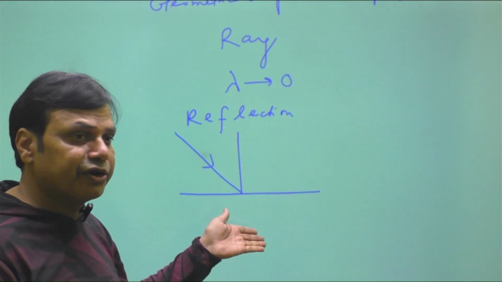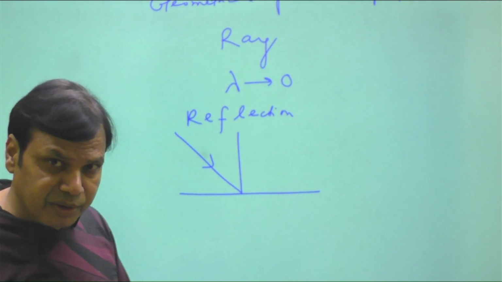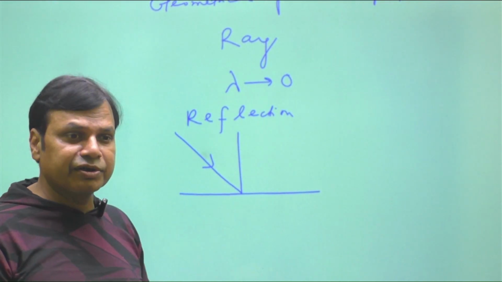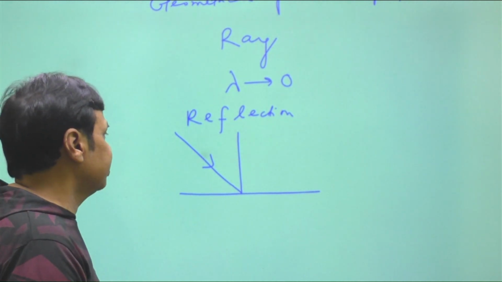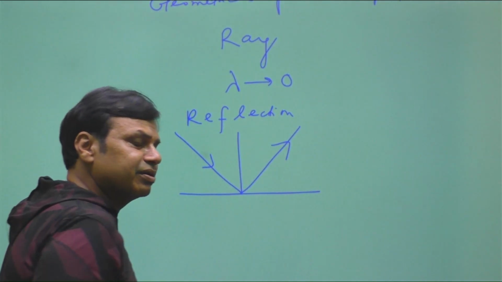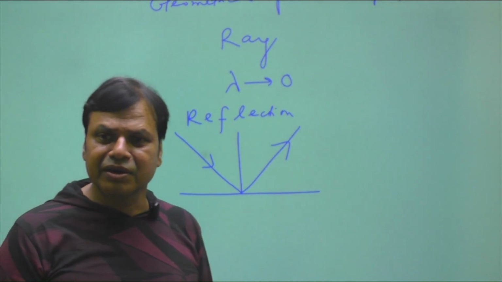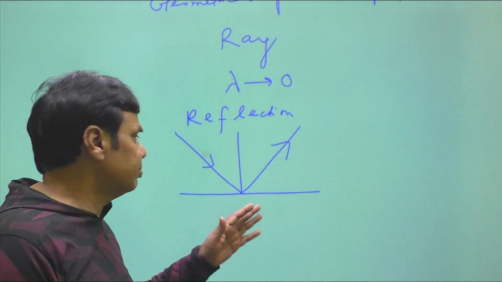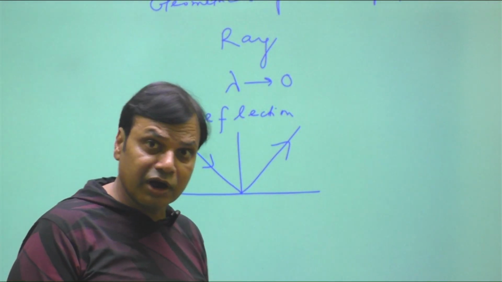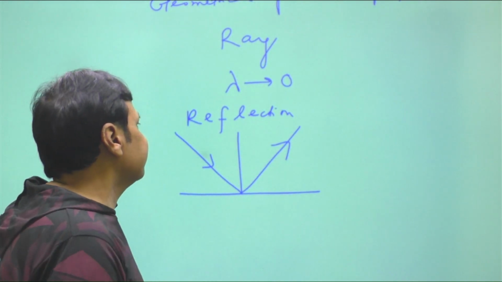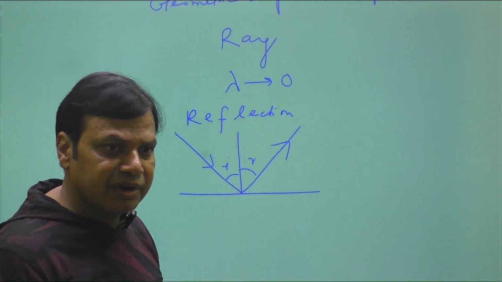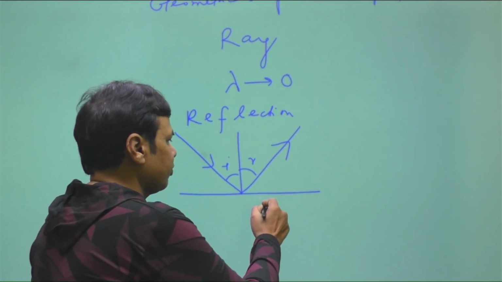This is called the incident light ray because energy is traveling along a straight line. So call it an incident ray, and it will get reflected like this. And here the first thing is most important, that the incident ray, normal, and the reflected ray all lie in the same plane. And the second thing, this is called the angle of incidence, and this is called the angle of reflection, and they will be same.